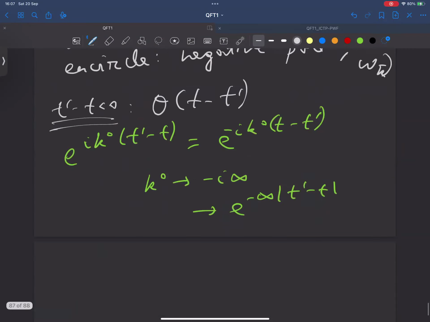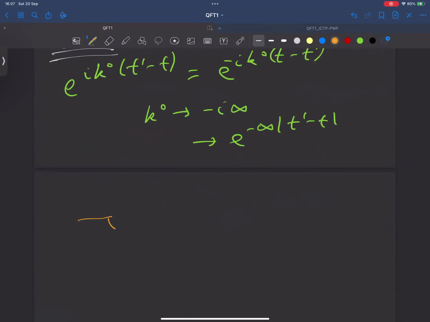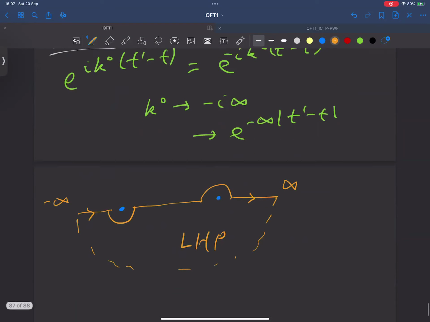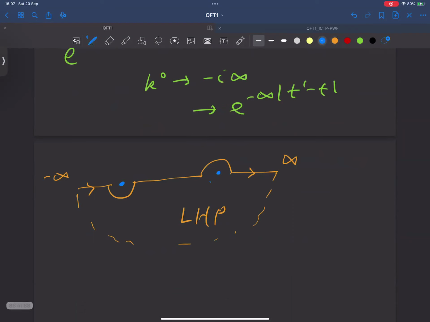This was our pole contour prescription, and these were our poles, with the direction from minus infinity to plus infinity. So now we encircle below, in the lower half plane, and doing that picks up this pole.